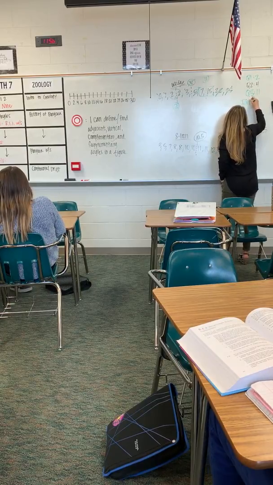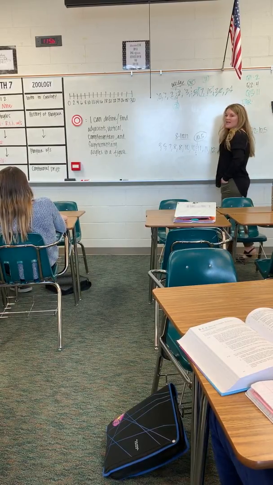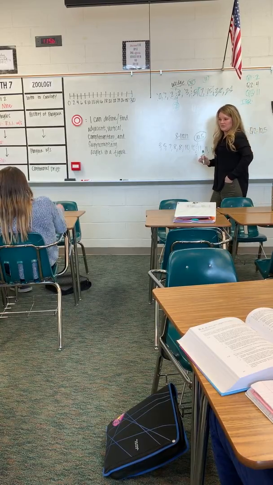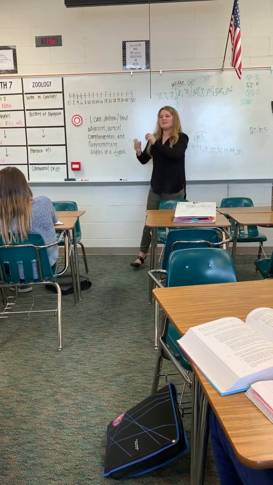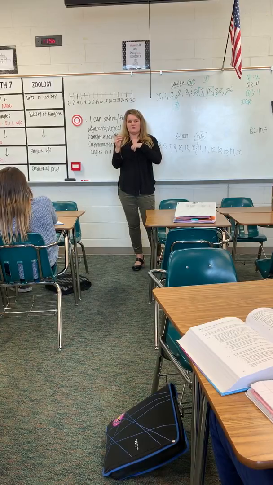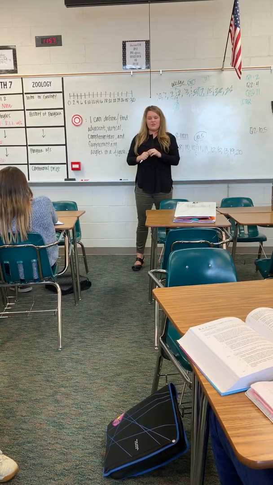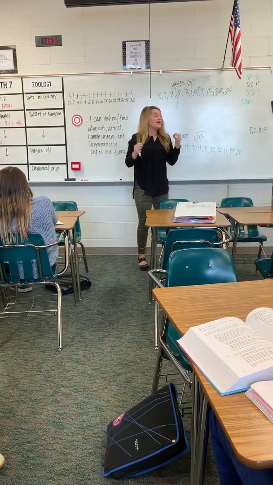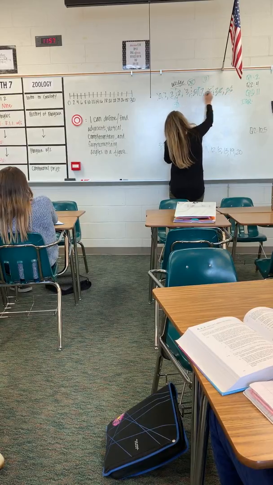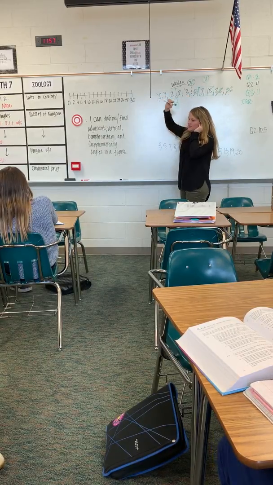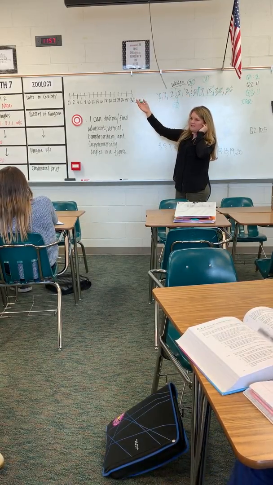Now, does anybody remember how I told you to find the IQR, the interquartile range? Remember I said the way you can remember it is like the inner range. So for the regular range, I take my highest number, 25, and I subtract my lowest number, 0. So there's a range of 25.